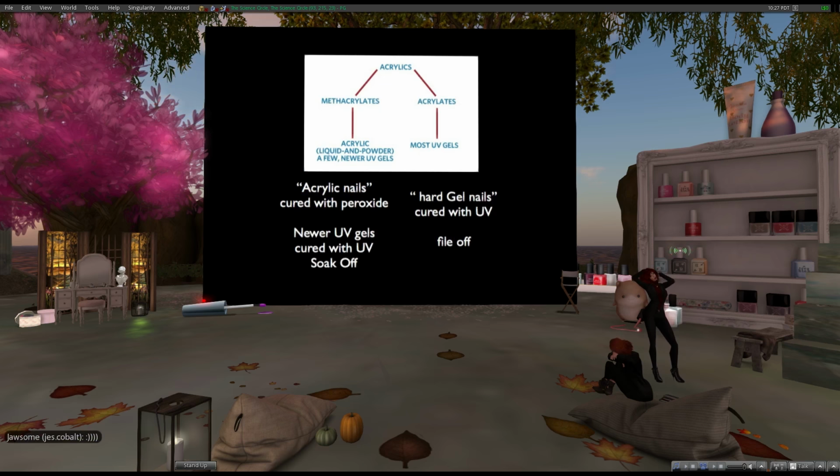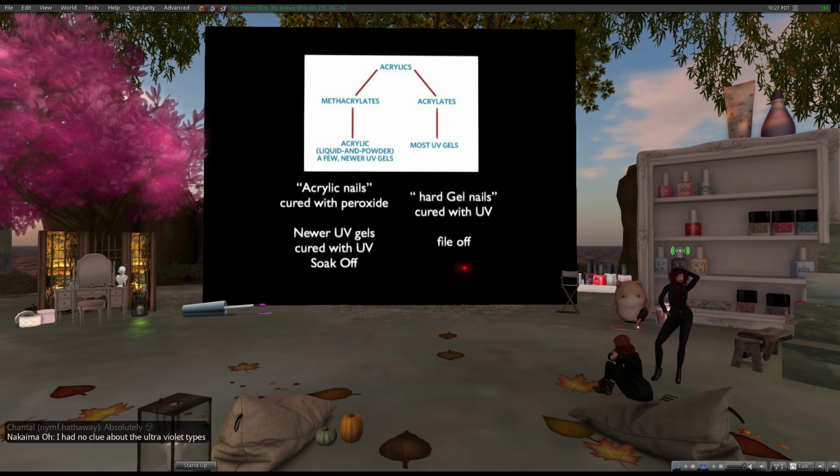So back to the gels and the acrylics. We'll start off with acrylics, and there are 2 different kinds: methacrylics, or ethyl acrylics, and the acrylates. The hard UV gels are the acrylates, and those cannot be soaked off.